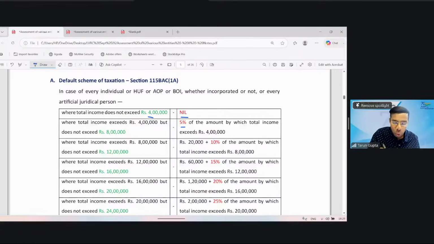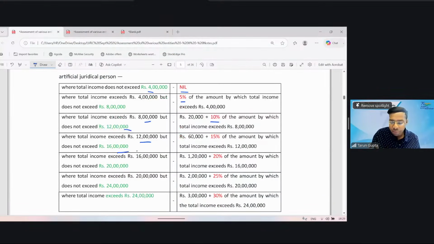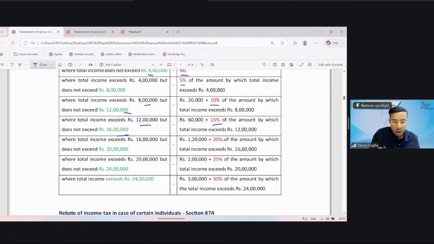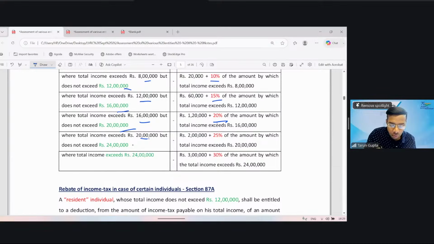Exceeds 8 lakh up to 12 lakh, 10%. 12 to 16, 15%. 16 to 20, 20%. 20 to 24, 25%. And any income more than 24, 30%. So 30%, the highest tax rate, kicks in when your total income exceeds 24 lakh rupees.